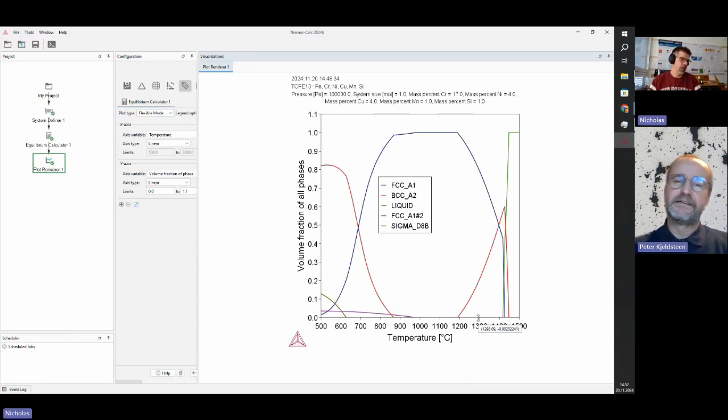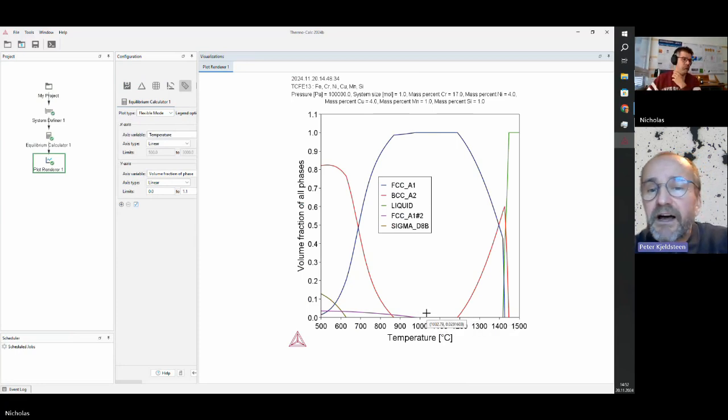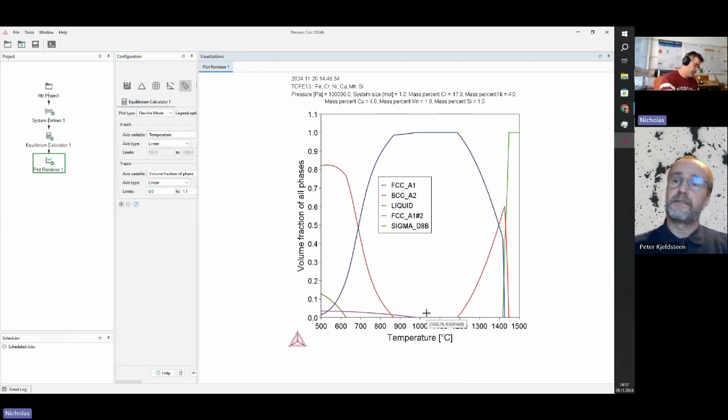So typically what you do, you homogenize it around 1000 is my best guess. Maybe a little higher, 1020, just to ensure that you have the kinetics with you and everything is dissolved. And then you put it in a furnace for 4 hours at 482. Okay. 4 hours. Okay.